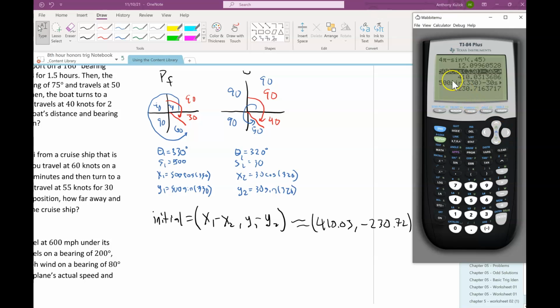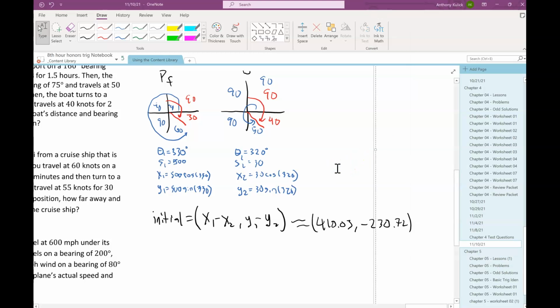So 500 times cosine 330 minus 30 times cosine 320. So it looks right. Is it possible that you put the negative symbol instead of the subtraction symbol? That would get you a goofy answer and be tough to catch if you didn't know it was the wrong answer. You know what I mean? That's one where you look at it and think, I don't see what I did wrong. Anyways, continuing on. So then to get my speed initial, I just do the Pythagorean Theorem.